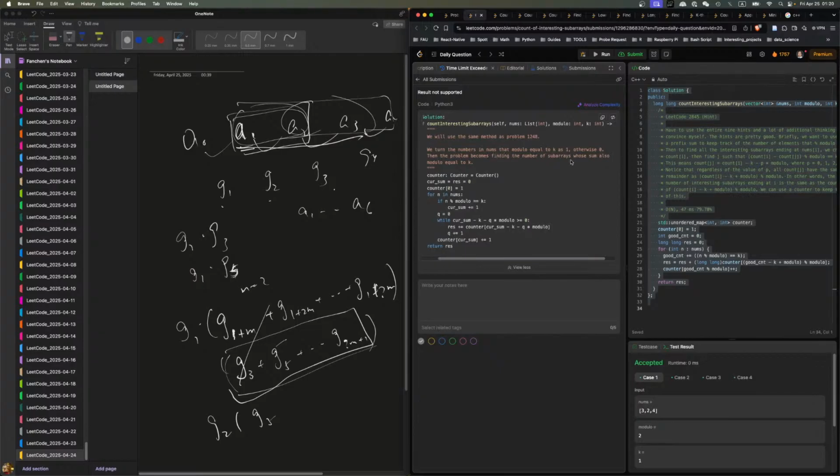Finding the number of subarrays whose sum equal to k. Yes.